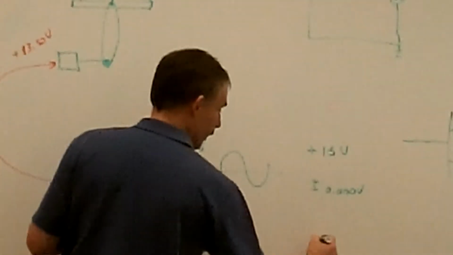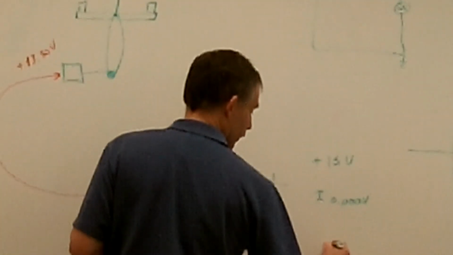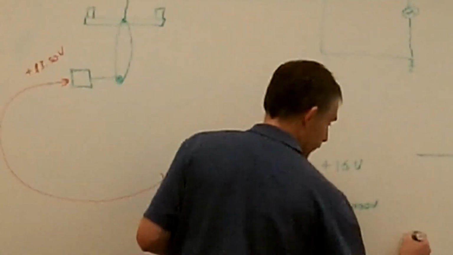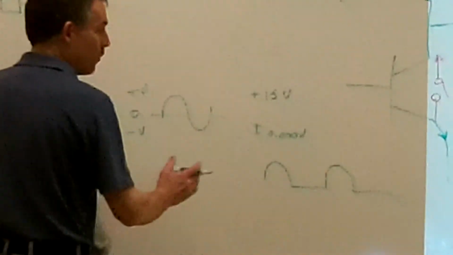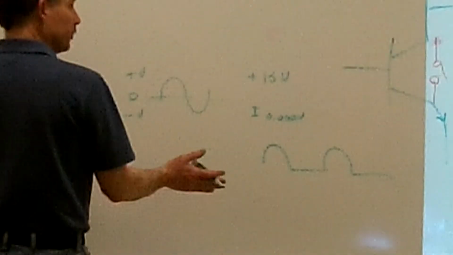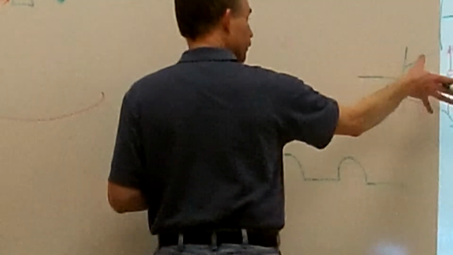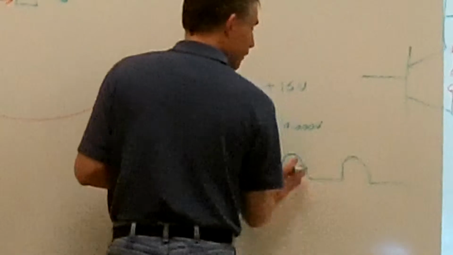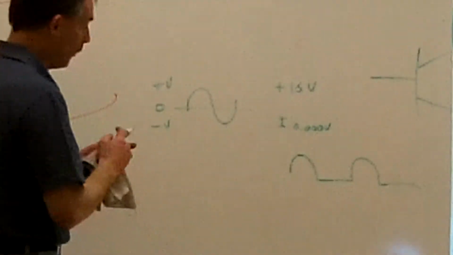So my output signal then would look like this, because it could only bias one way. I could not get a negative voltage because I don't have a negative source on there. And since the transistor only works one way, I'd only be able to get one type of signal out.